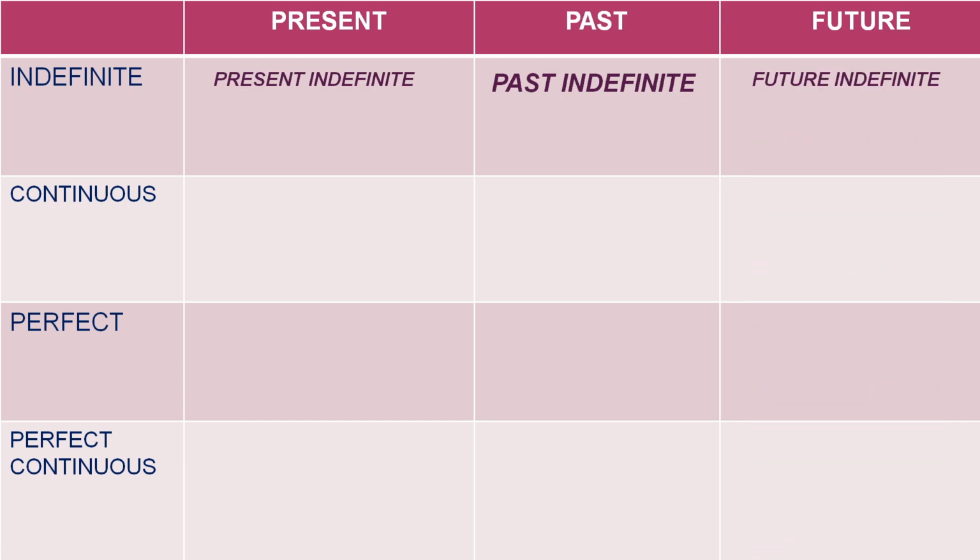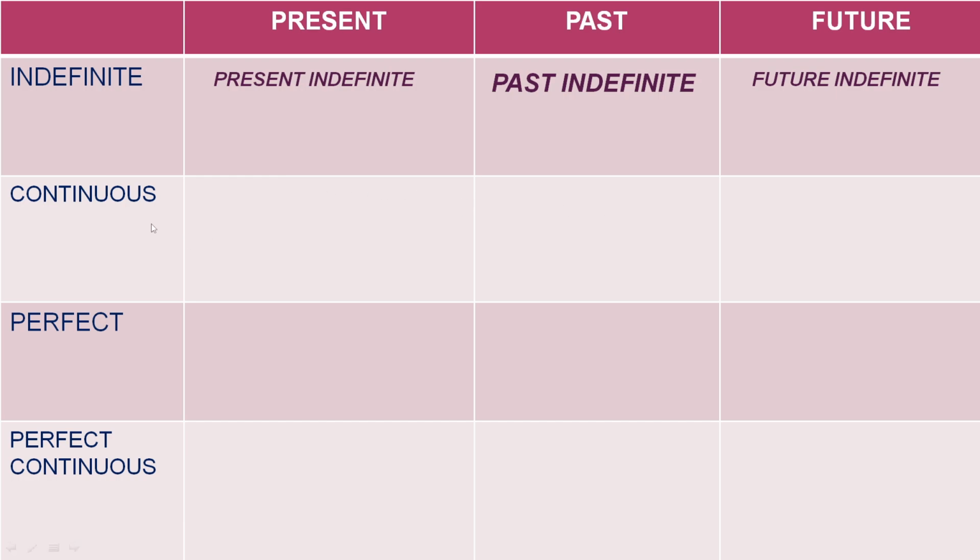So the first three types are present indefinite, past indefinite and future indefinite. Another thing I can tell you is that present indefinite, past indefinite and future indefinite are also called simple present, simple past and simple future.